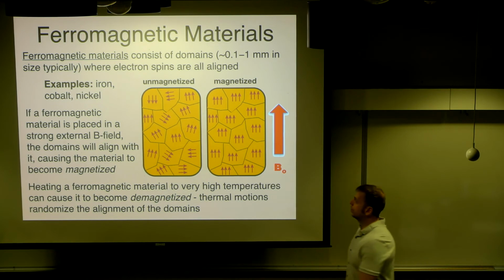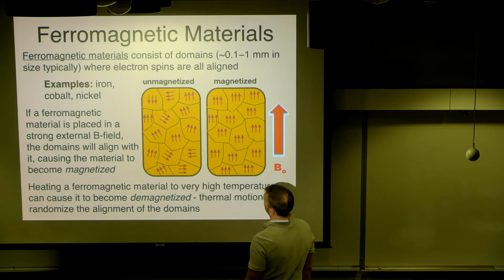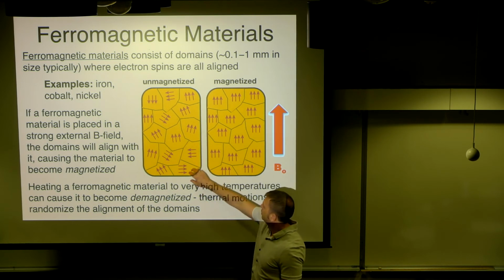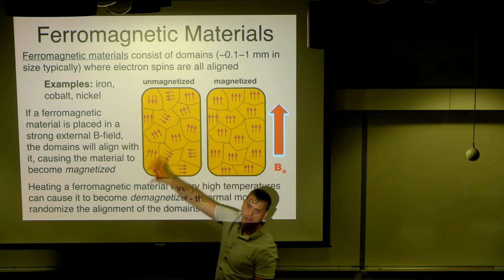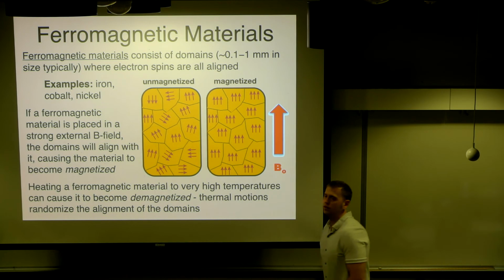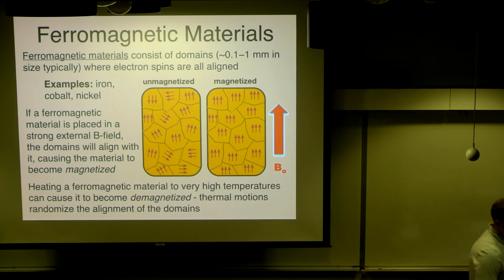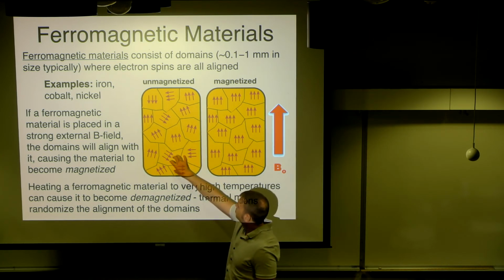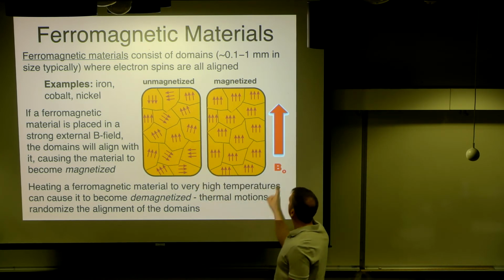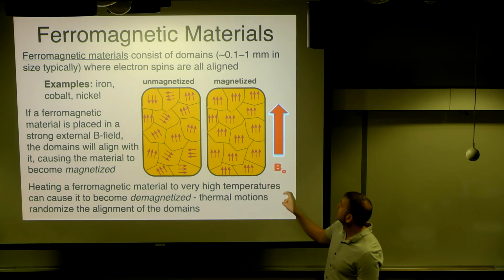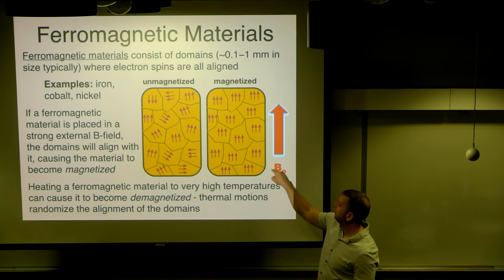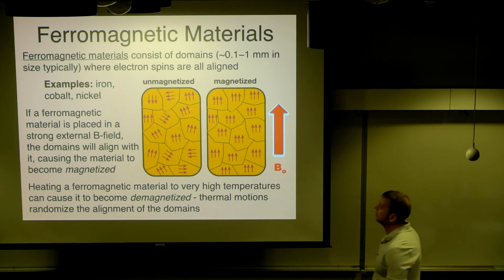But what if we take this material, which for the moment is unmagnetized, because all of these domains are in random directions, not pointing in any particular direction? We can put it within an external magnetic field. Let's say that external magnetic field is going up like this. We'll call that B naught for the external magnetic field.